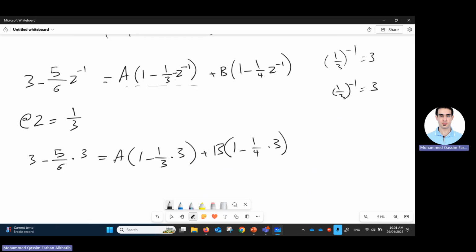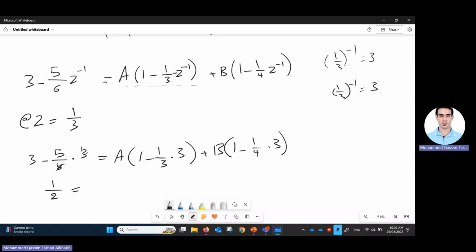Again, z to the negative 1 is 1 over 3 to the negative 1, that is 3. All right, so 3 minus 5 times 3 over 6. So we can simplify, that's going to be 2, that's a 1. 3 minus 5 over 2. 5 over 2 is 2.5. 3 minus 2.5, that is 1/2. So that's 1 over 2 equals.